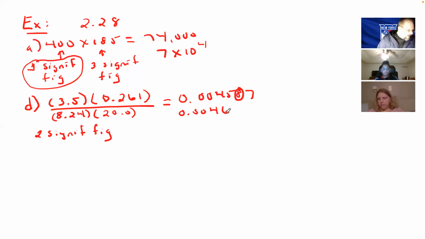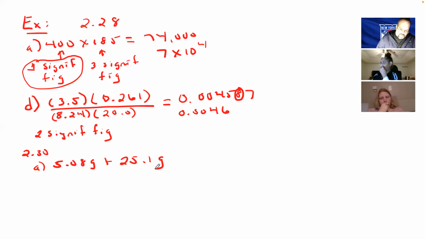All right, let's jump quick to number 2.30. Let's take a look at A, which is 5.08 grams plus 25.1 grams.